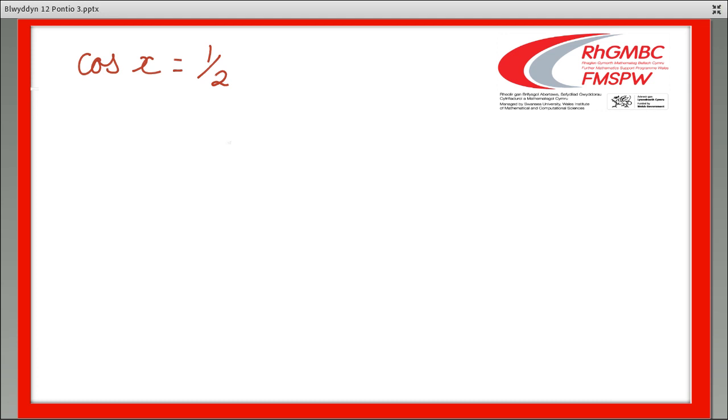I didn't really want to pick awkward decimals to give me awkward angles, so I've tried to pick values that will give me nice, easy angles to work with. Because at the moment, we don't want to be worrying about the angles, we want to be thinking more about the process as to how we put it together. Now, from there, we have that x equals cos to the minus 1 of a half.